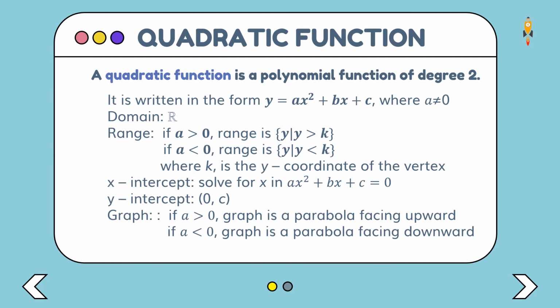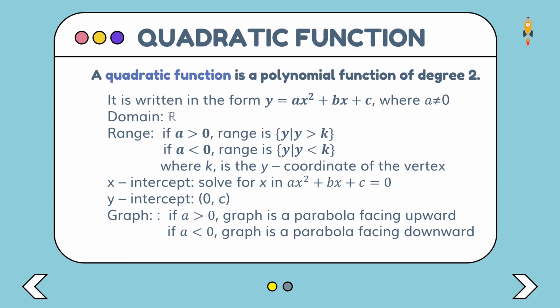Quadratic function. A quadratic function is a polynomial function of degree 2. It is written in the form y is equal to ax squared plus bx plus c, where a is not equal to 0. But if a is equal to 0, it is not a quadratic function anymore, but a linear function. The domain is R. Range.